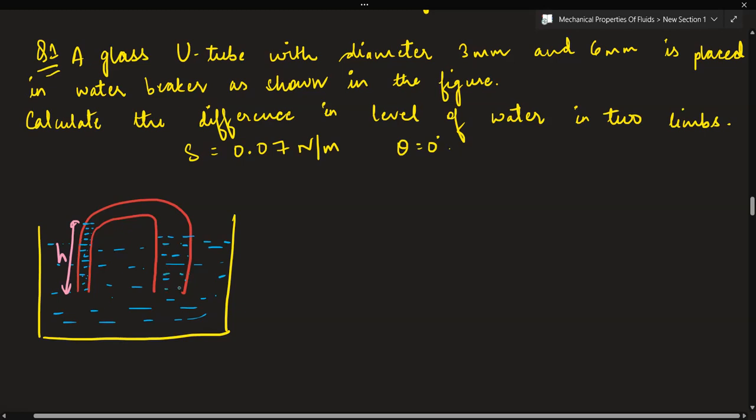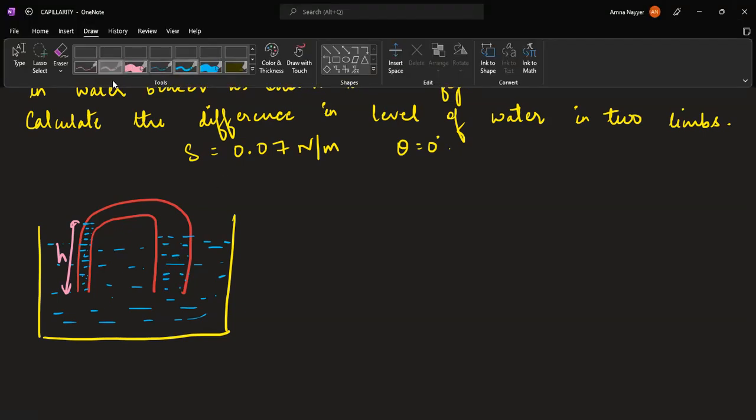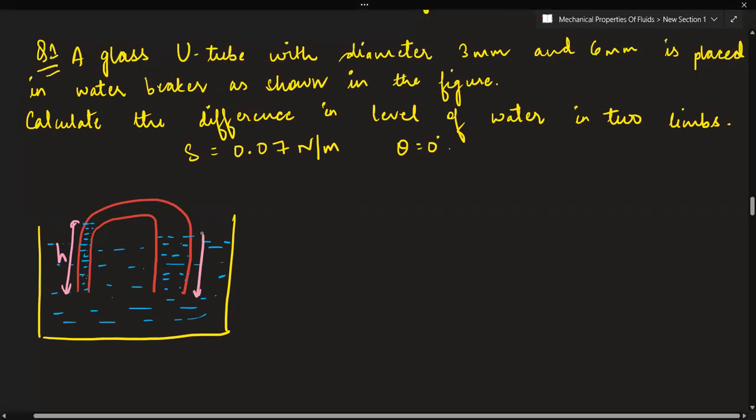And since this is thicker, the water won't rise that much as compared to this. So this will also have its height. Let's say this height is h1 and this height is h2, then you have to find out the difference in height, this difference. Just try at least once, and I'll help you.